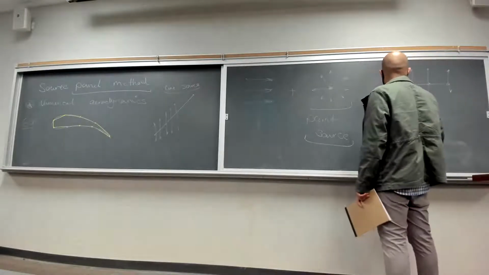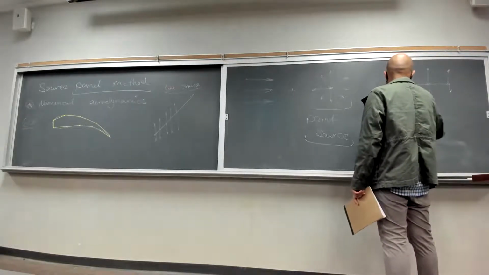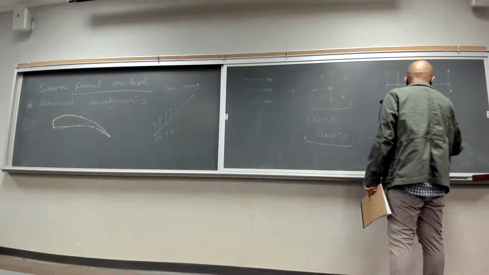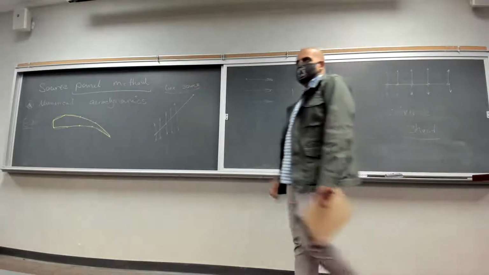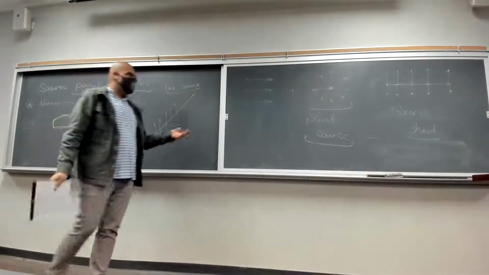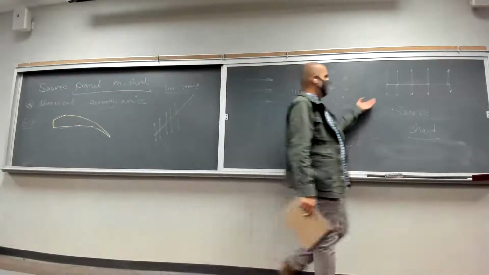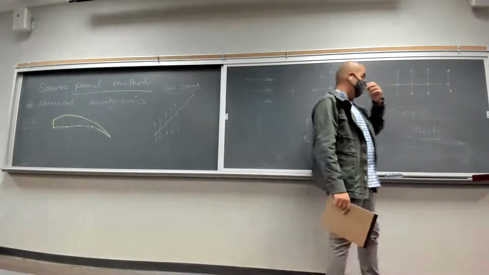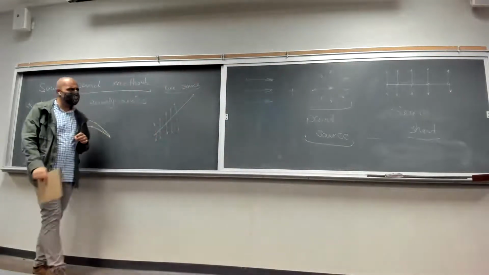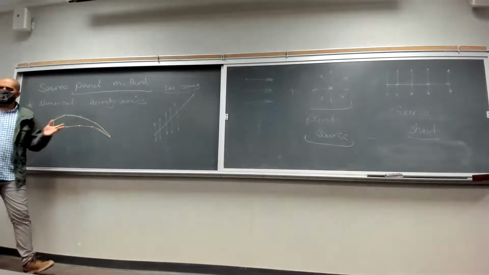We are going to have something called the source sheet. This refers to the fact that this sheet is made up of a lot of line sources. Does this make sense?